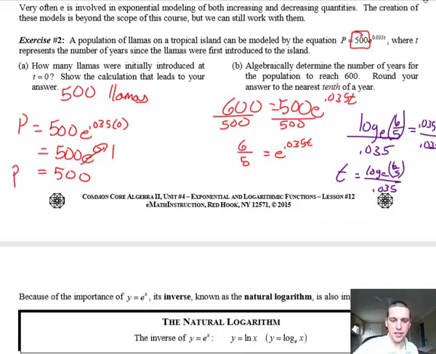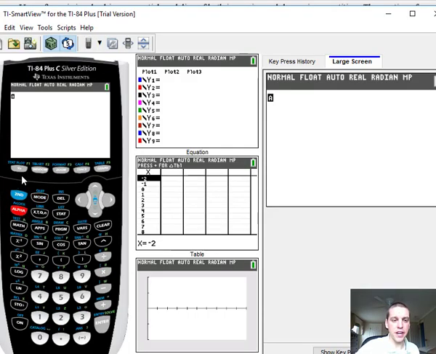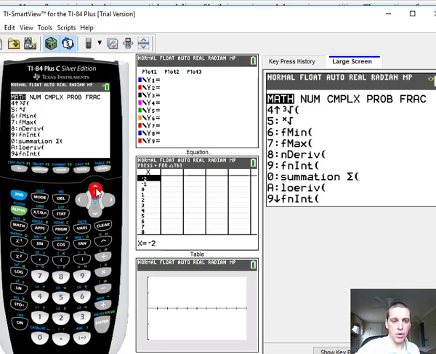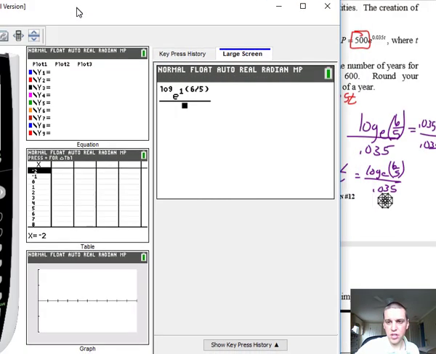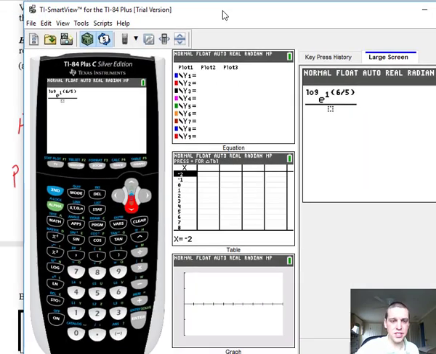Well, we take our calculator out and we want a fraction, so alpha y equals enter. To get our log, remember that we go to math, go up to A. Log base e, I always just use this e, remember it's raised to the first power because it's just e, of 6 divided by 5, all over 0.035.